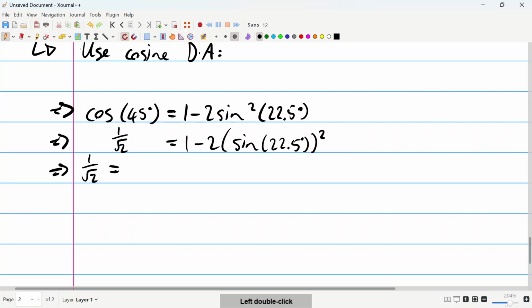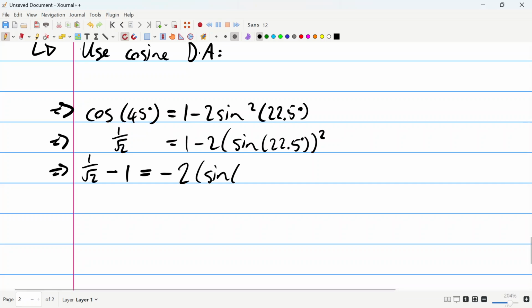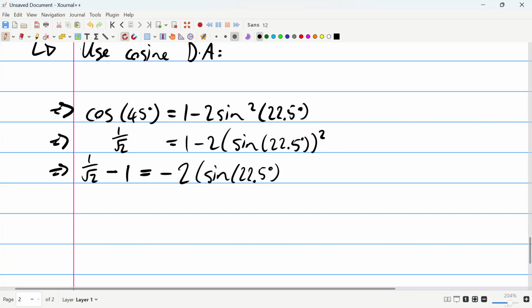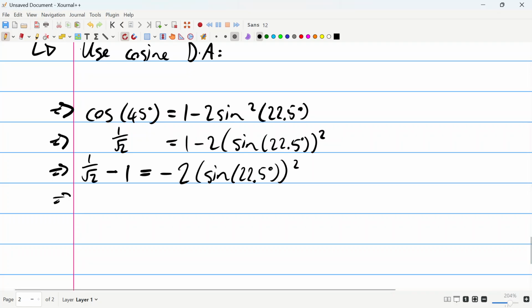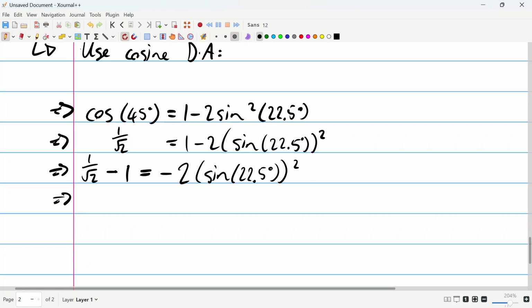So here, we can take the 1 over to the other side, so that we have minus 1, and then we are left with negative 2 times sine of 22.5 degrees squared, okay? And then we can multiply both sides by negative, okay, so that we don't have to deal with the whole negative problem with the square roots. So over here, we multiply both sides by negative, and then what are we going to be left with?